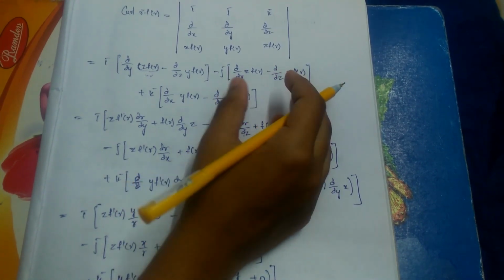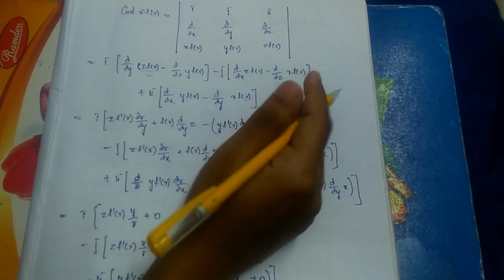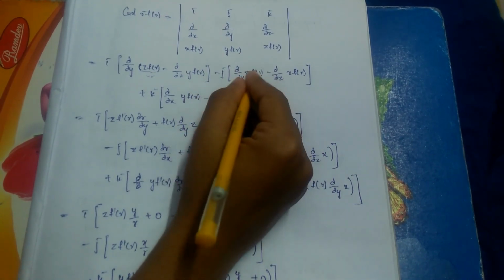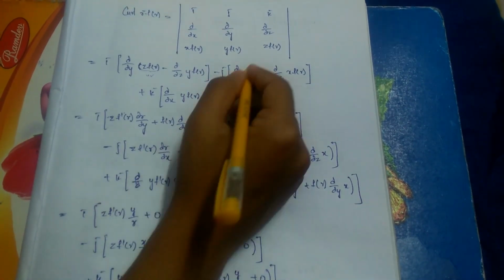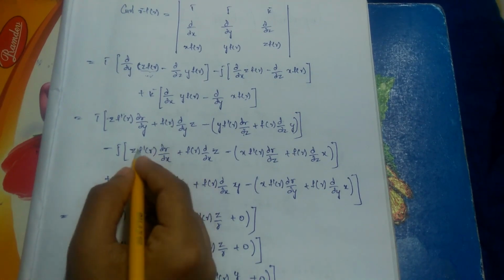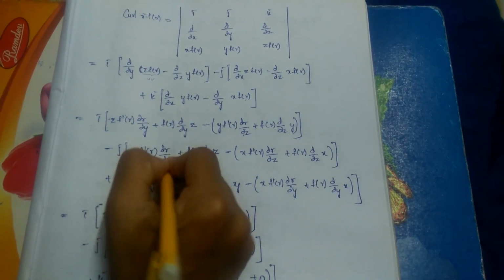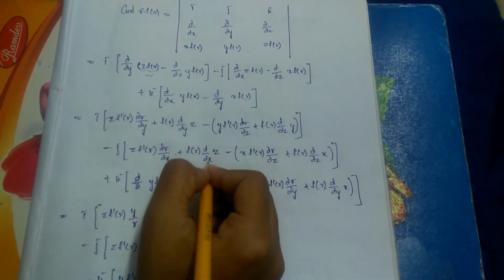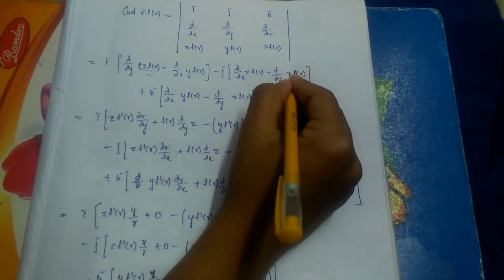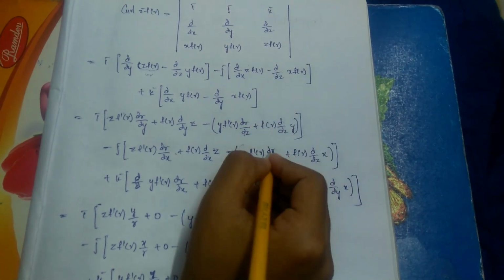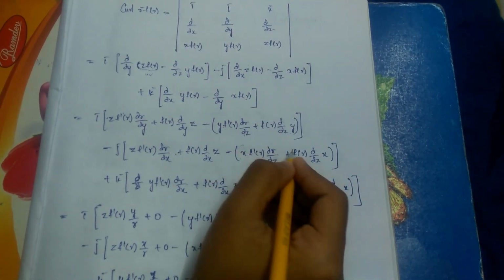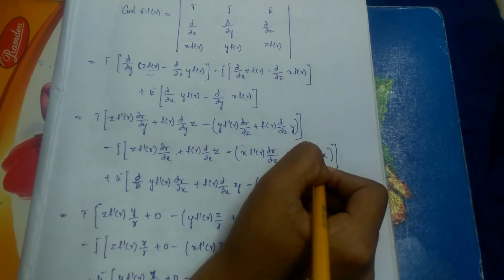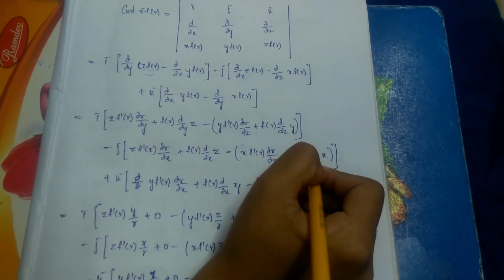And also the next j bar coefficient, that is minus j bar of z is constant and f dash of r into dou r by dou x, plus f of r into dou z by dou x, minus of x into f dash of r into dou r by dou z, plus f of r into the differentiation of x with respect to z, that is dou x by dou z.